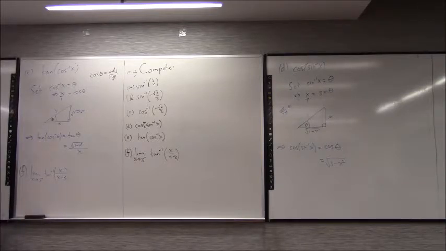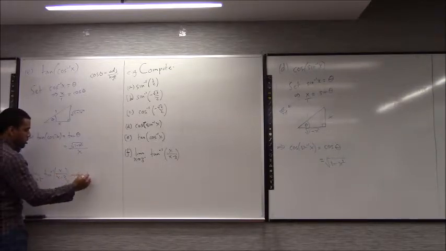What do you think that limit is? Yeah? Pi over 2. How'd you get it? Because if you look at the graph of the inverse of the tangent function, it's an asymptote when it comes to pi over 2, so as it approaches 3.